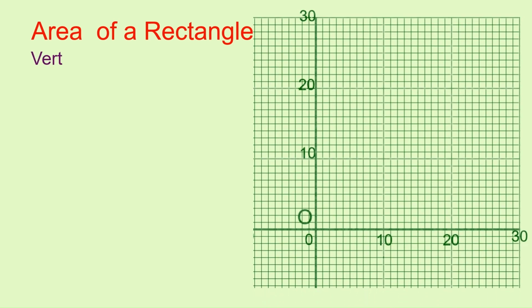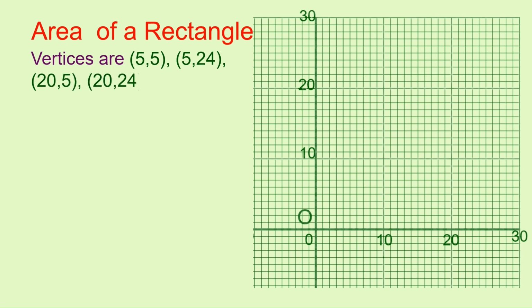To calculate the area of a rectangle, we take an example. Vertices are 5, 5; 5, 24; 20, 5; 20, 24. Now follow the steps.